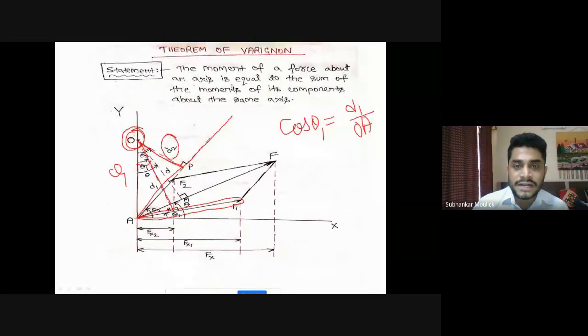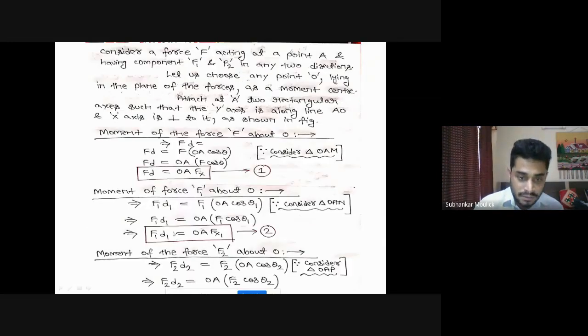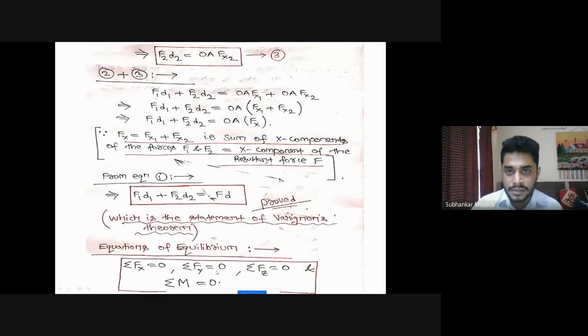So what is the statement? The moment of the resultant force F will be equal to the summation of the moments of the individual components. This is the moment of force F1, that is equation number 2, and for the force F2, equation number 3 is the moment.